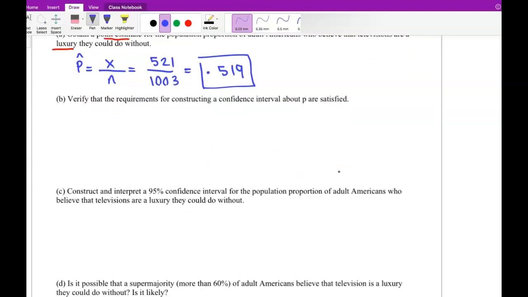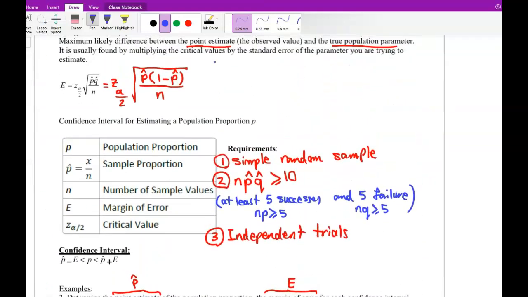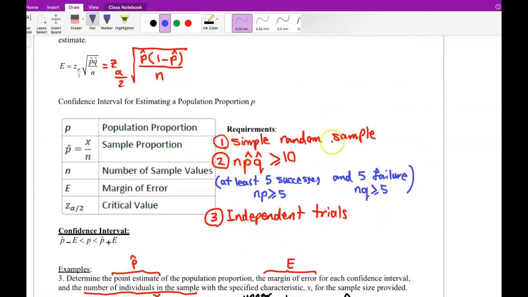Okay, then part B, verify that the requirements for constructing a confidence interval for p are satisfied. What that means is I should have all these three.